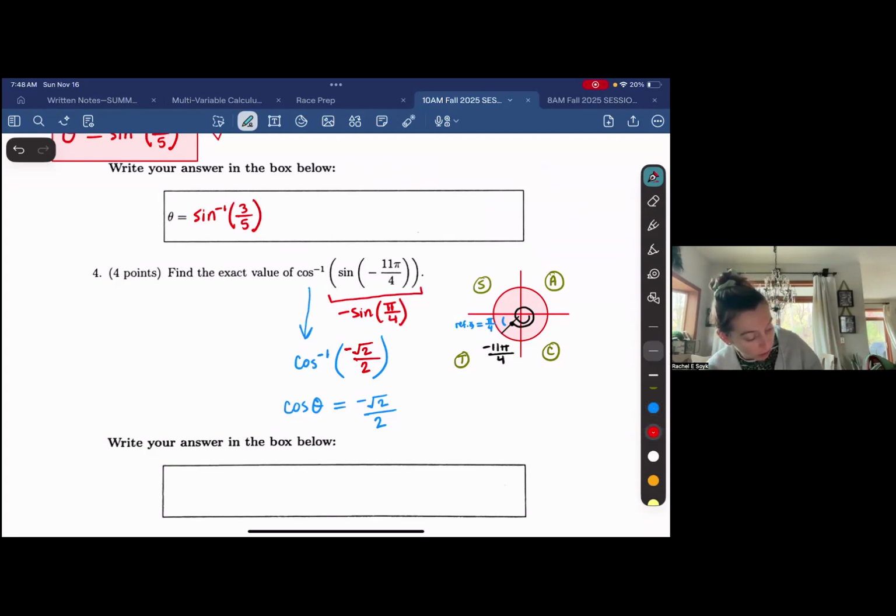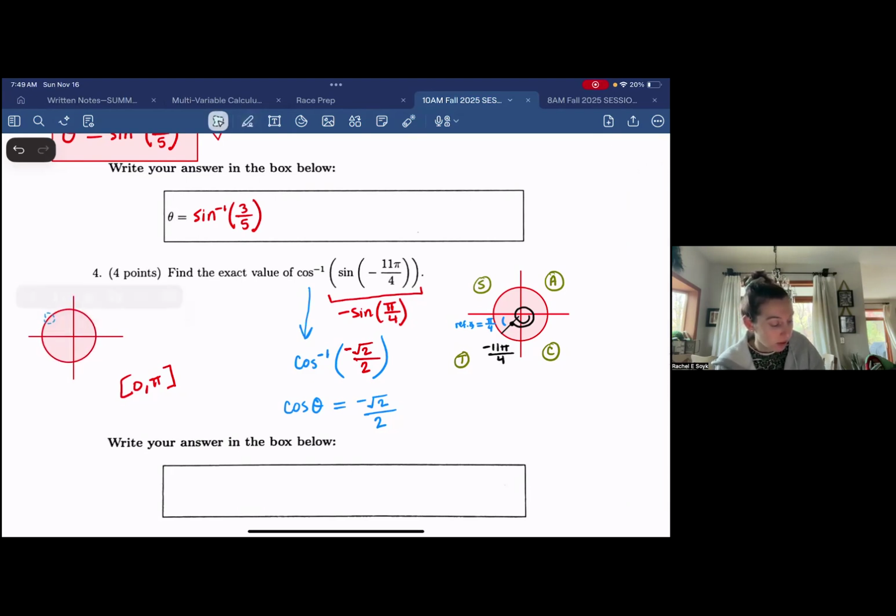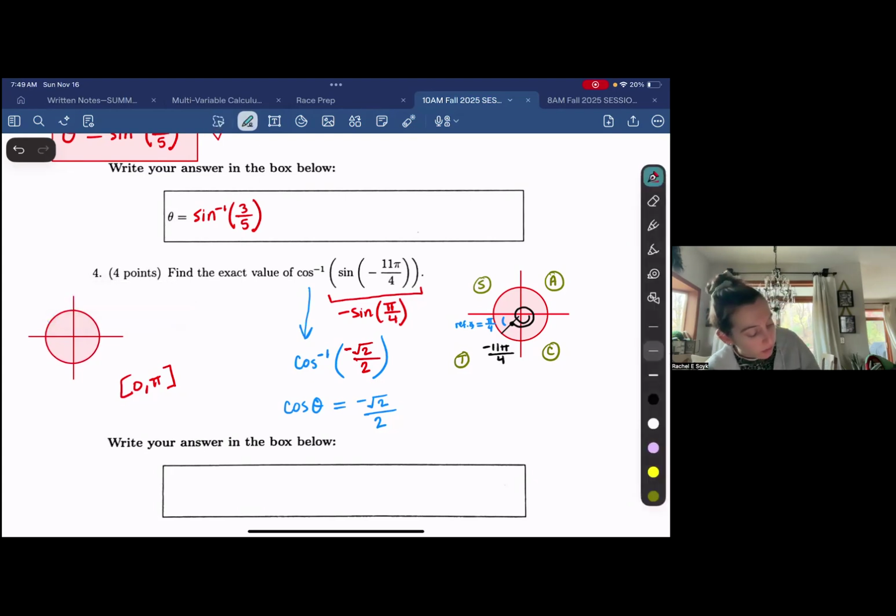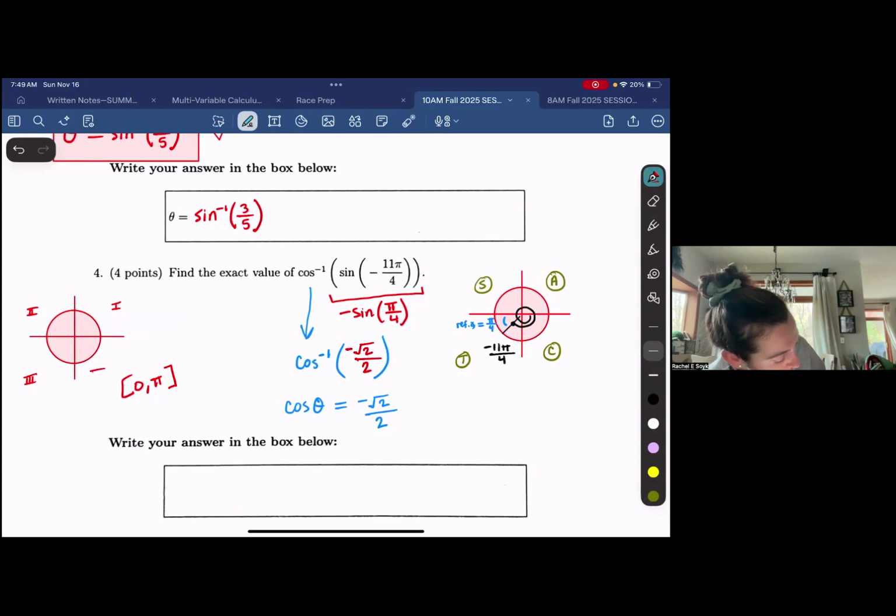So we need to figure out, okay, what is an angle theta between 0 and pi that will give us that negative square root of 2 over 2. So once again, I'll draw another little unit circle on this left-hand side. Label my quadrants: 1, 2, 3, 4.